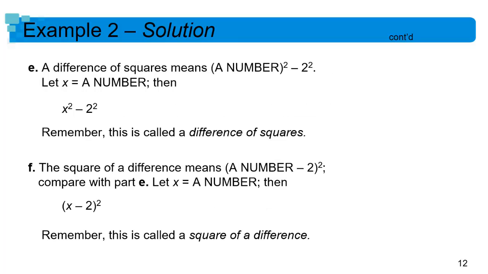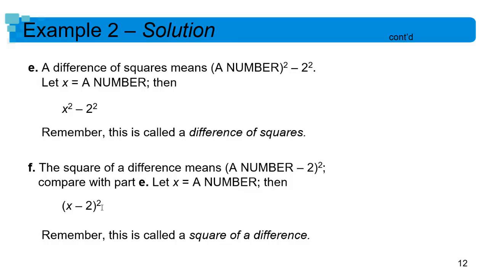A difference of squares means a number squared minus a second number squared. So x squared minus 2 squared is what we call a difference of squares. Totally different than the square of a difference. That's where you take a number minus 2 and you're squaring the difference.